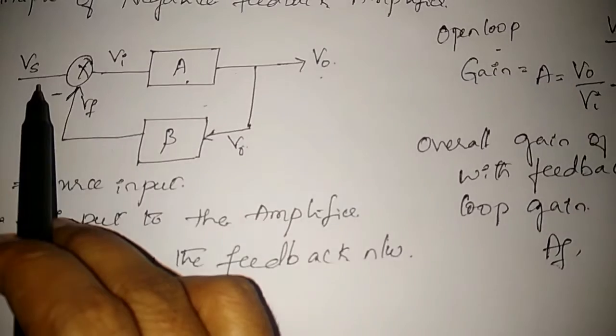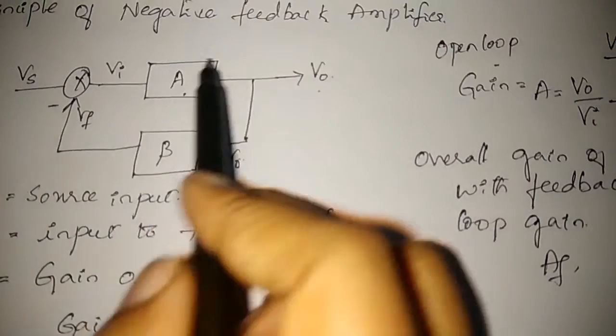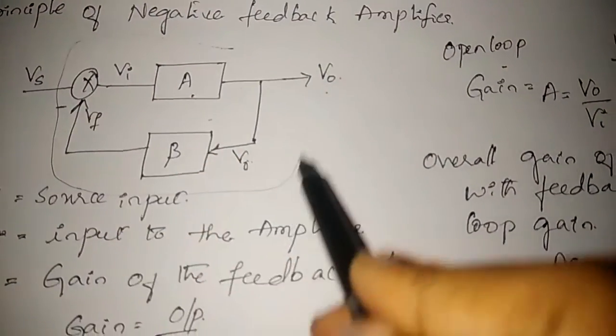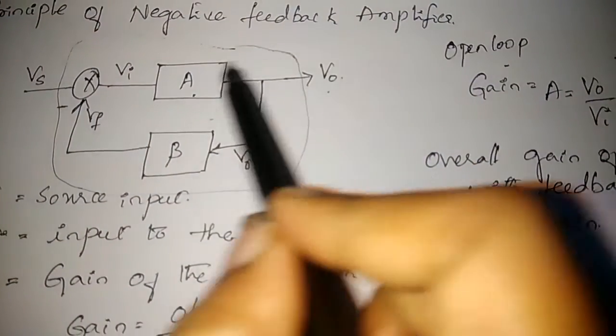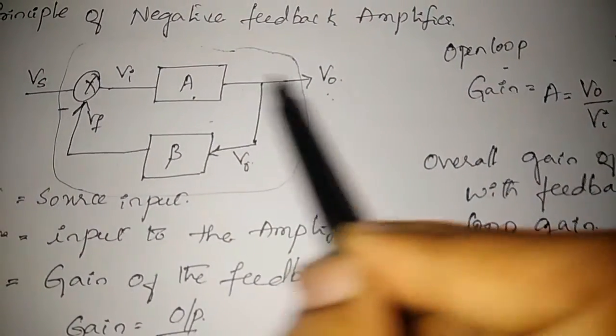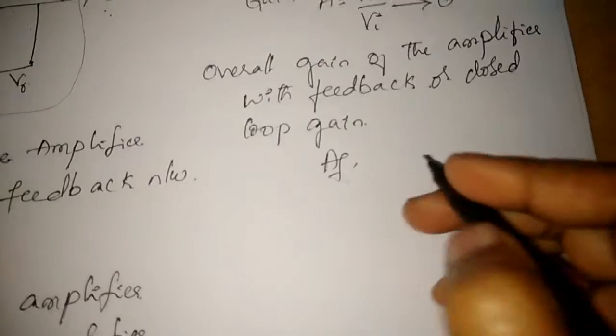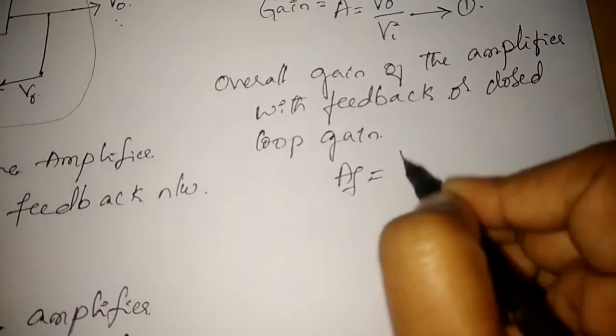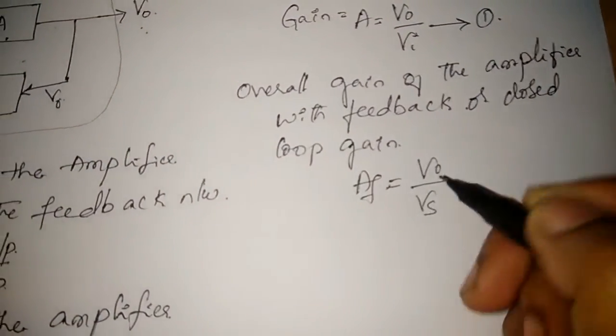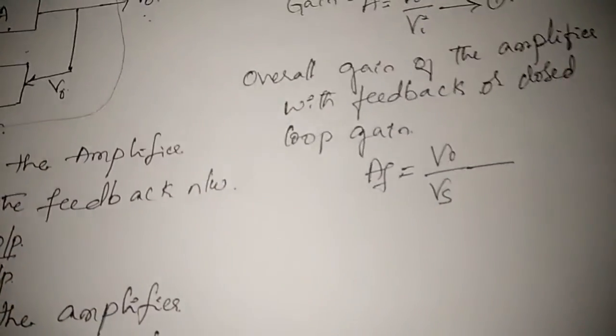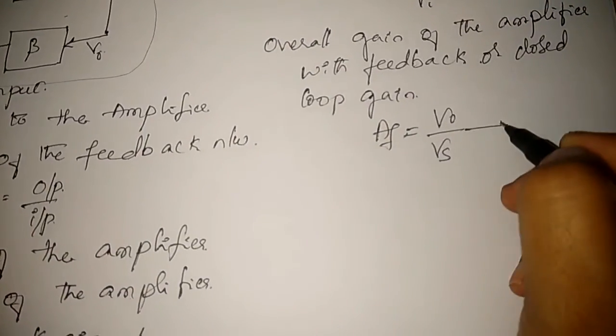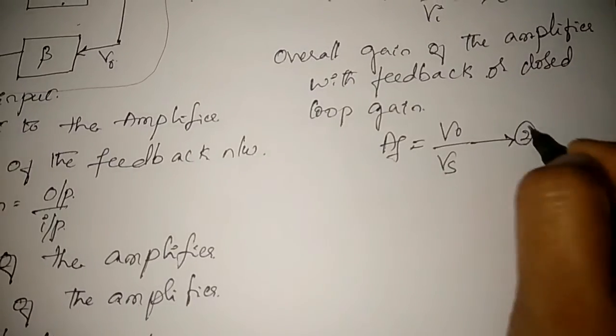Overall gain, if you consider this amplifier with feedback, the output is V naught and the input is Vs. So this is given by V naught divided by Vs. Let me call this equation 2.